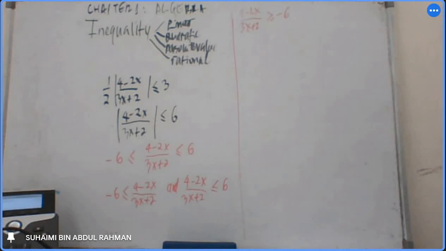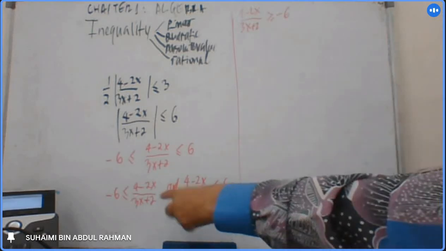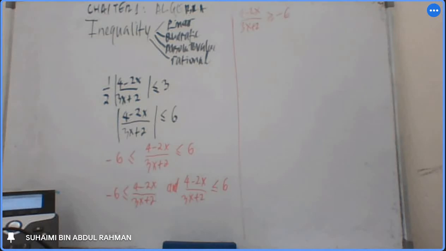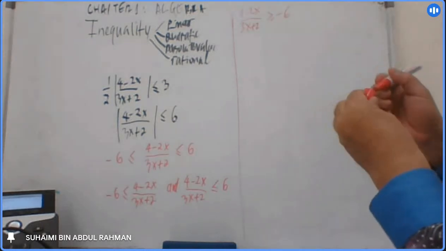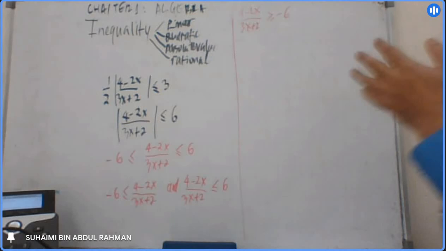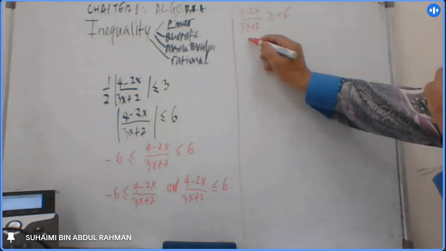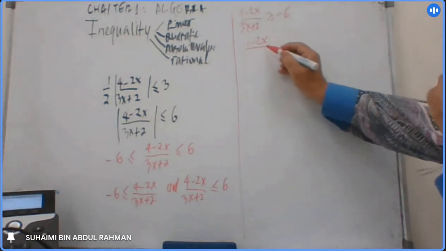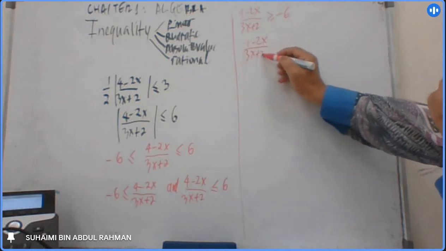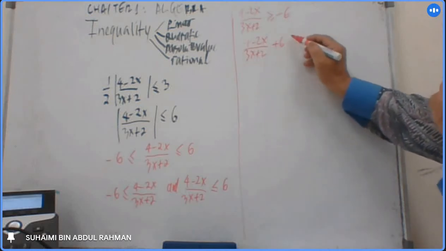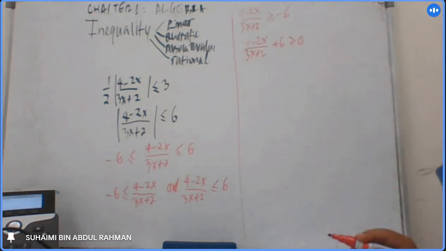Another way to write, it's the same. What we do is make the right-hand side 0. So (4 minus 2x) over (3x plus 2) plus 6 greater than or equal to 0.